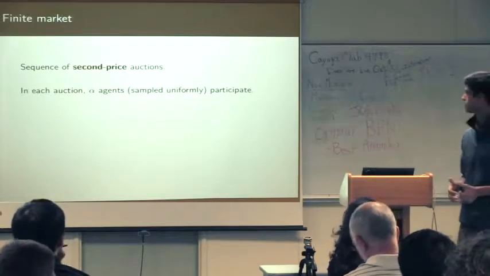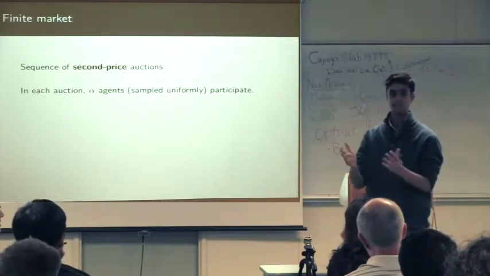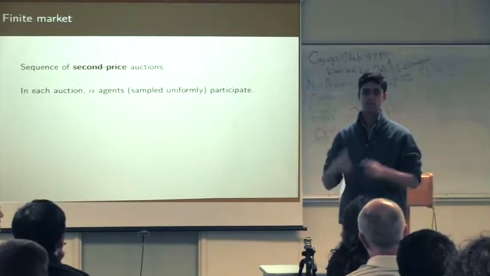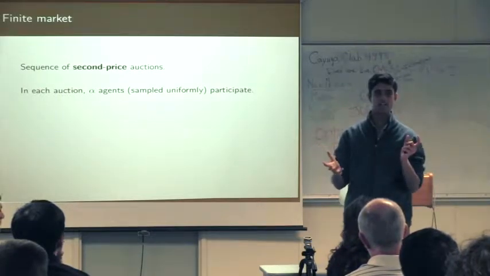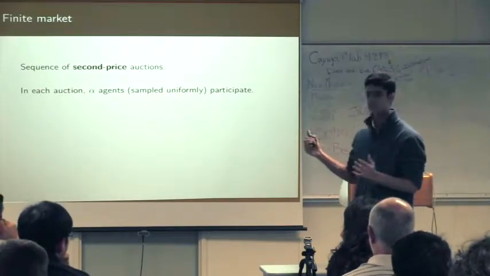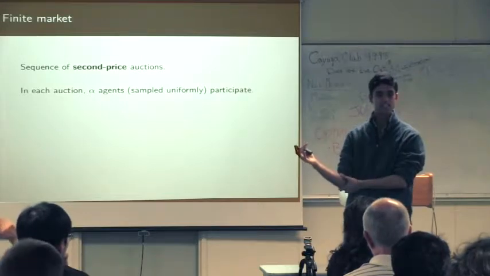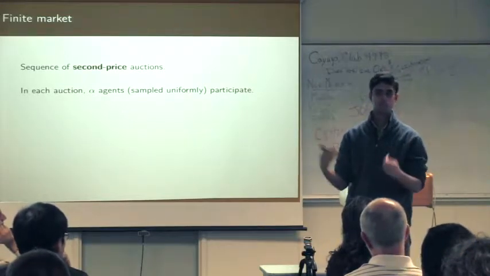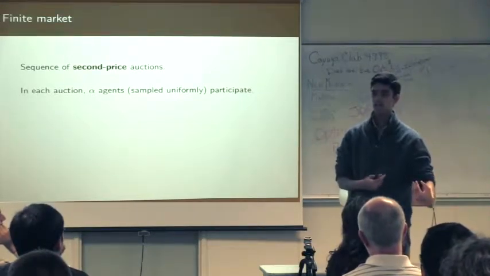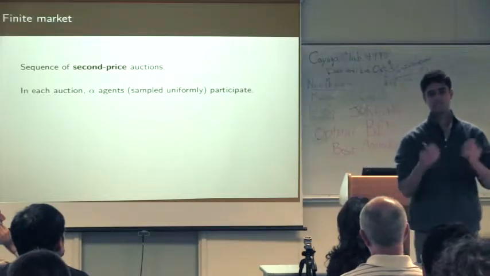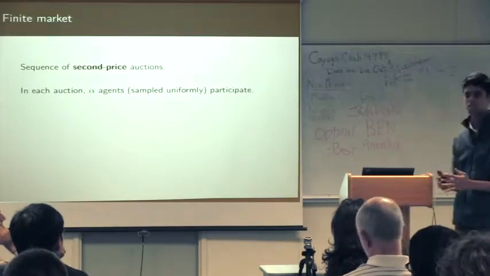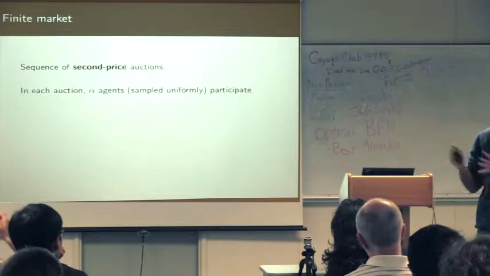They might have some interest in keywords, and they only participate in the auctions for the keywords that they are interested in. And even otherwise, they might have budget constraints which prevent them from participating in each and every auction.